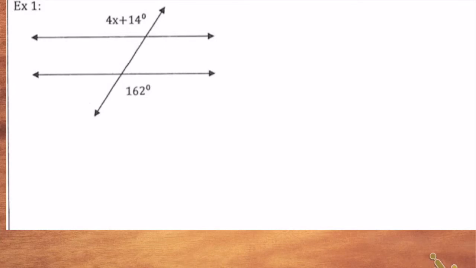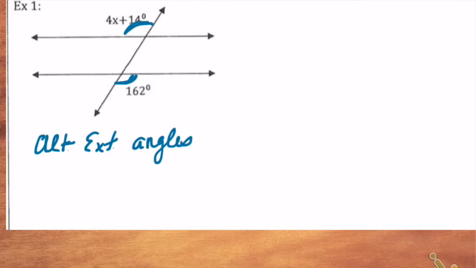So looking at the two angles that are here, what kind of angle pair are they? Well, those happen to be alternate exterior angles. And what do I know about alternate exterior angles? I know that they are congruent. You will need to practice with those to learn the relationships.